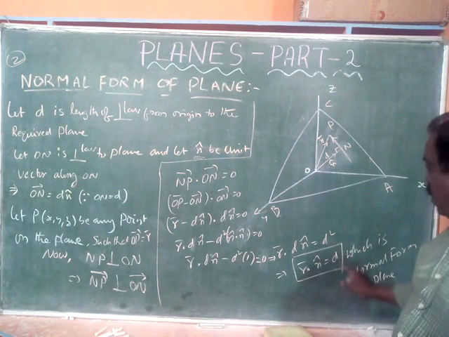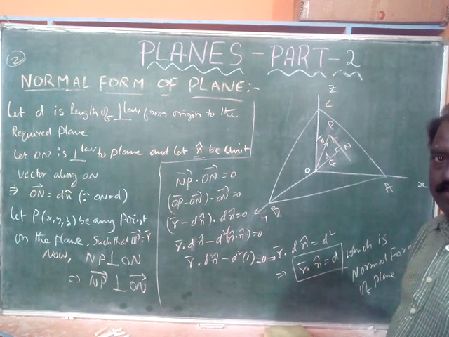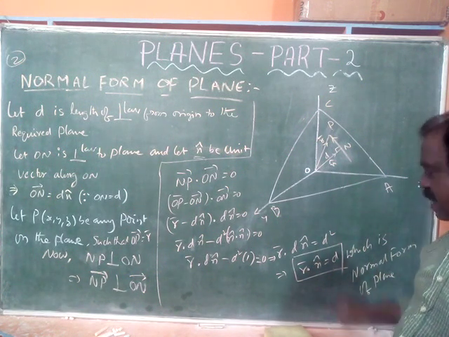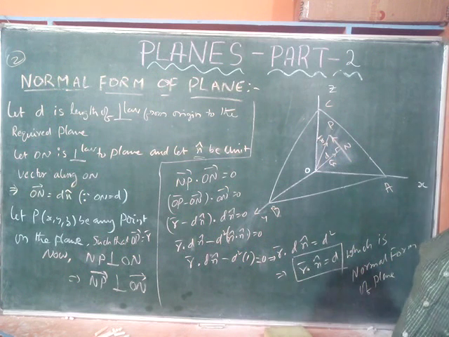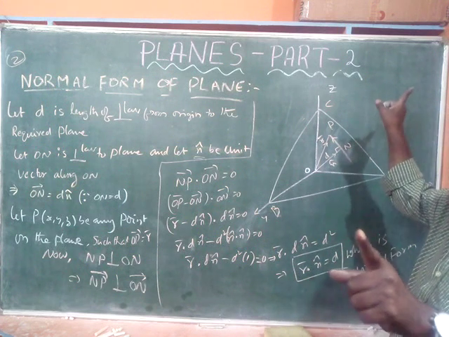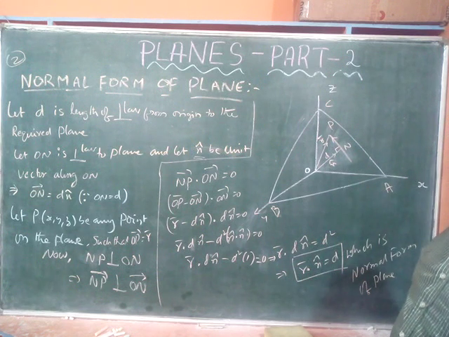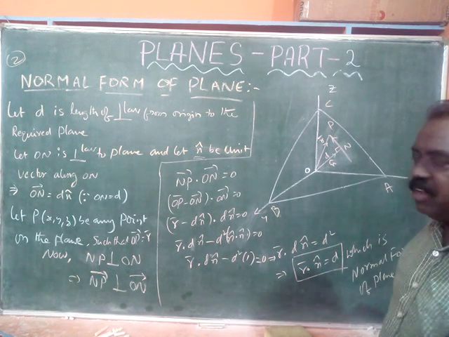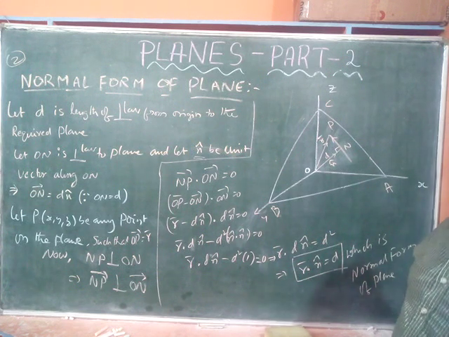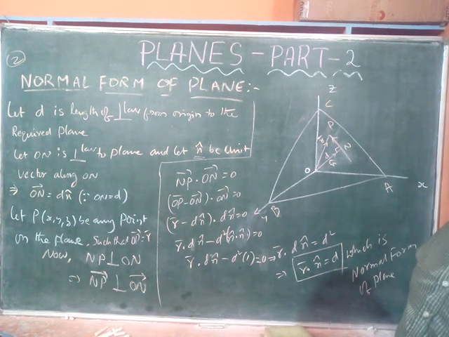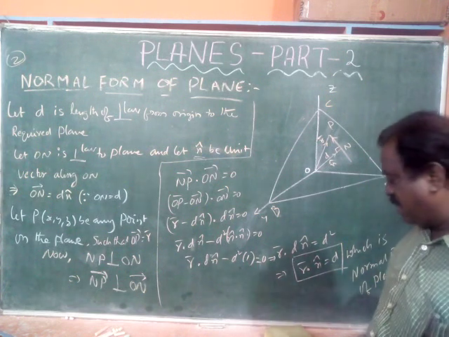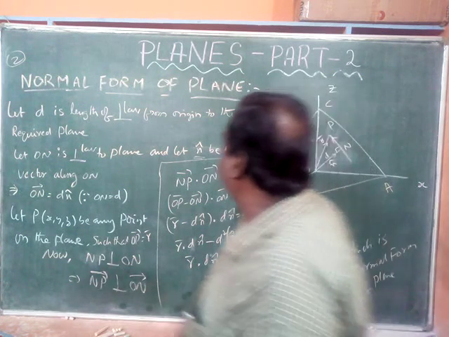Because here D is the length of the normal, it is called the normal form. N cap must be a unit vector along the normal. This is the normal form of the equation. The proof of this theory is also needed; you learn it also. Now, so this is the second one.